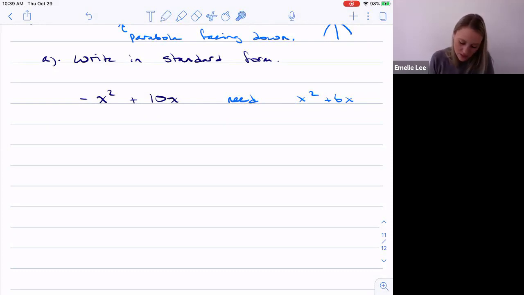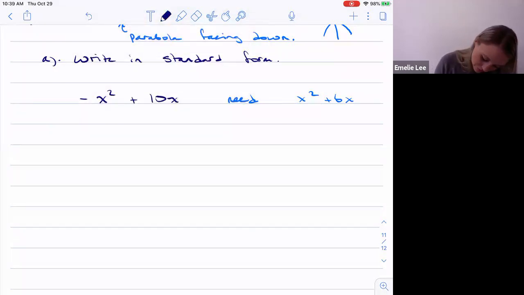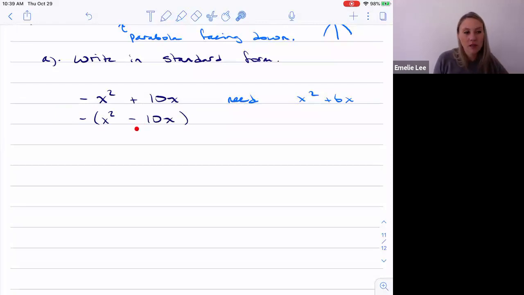So what I'm going to do is pull out this negative in front. So factor out a common negative: negative x squared minus 10x. That's going to be really important, right? That we don't forget to pull out a negative here as well, right?